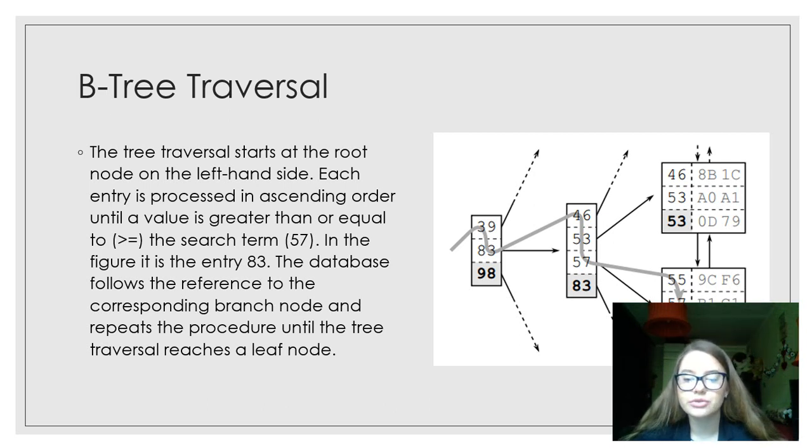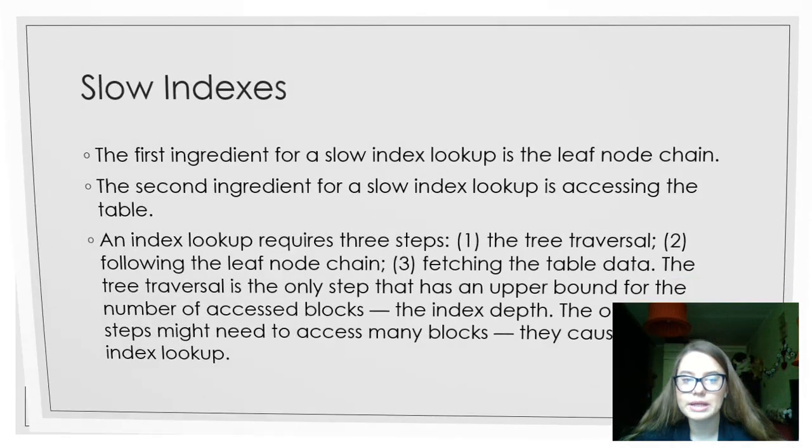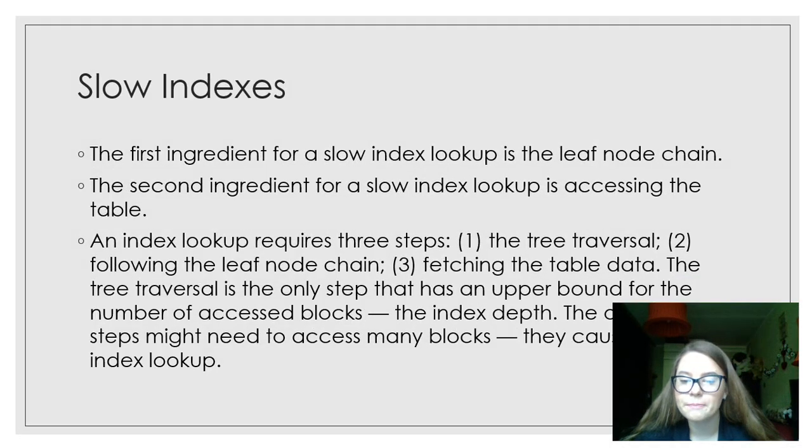The second ingredient for slow index lookup is accessing the table. Even a single leaf node might contain many hits, often hundreds. The corresponding table data is usually scattered across many table blocks, as in the first figure. That means that there is an additional table access for each hit.